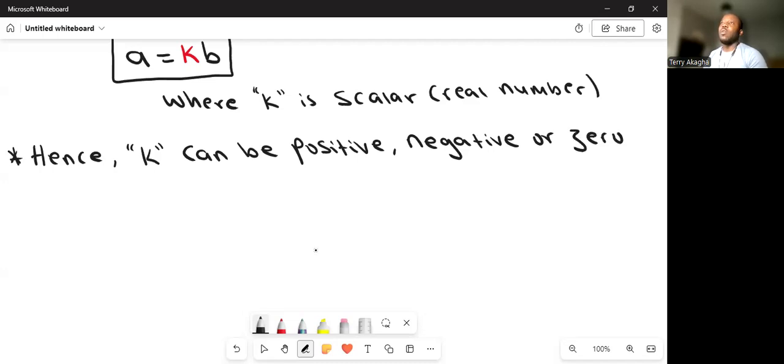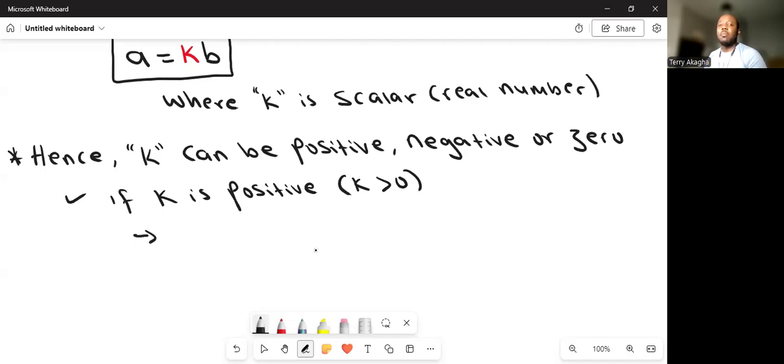Okay? So you can have different ones. So for instance, if K is positive, what we mean is that K is greater than 0. So when you solve and your K is positive, it means that A and B are parallel in the same direction.